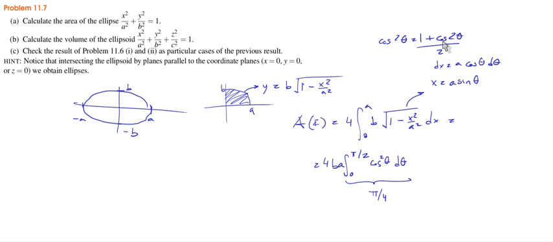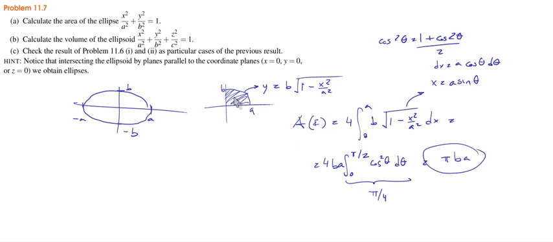And then the integral of the cosine term is the sine of 2 theta over 4. The sine of 2 theta at pi is 0 and at 0 is 0, so you get pi over 4. So you get pi times b times a.